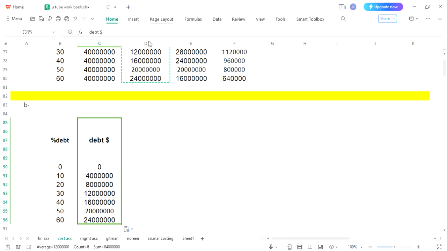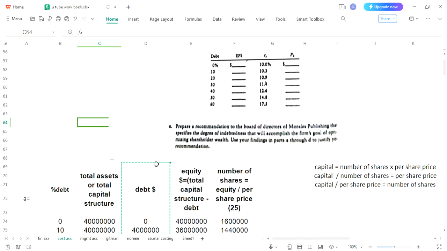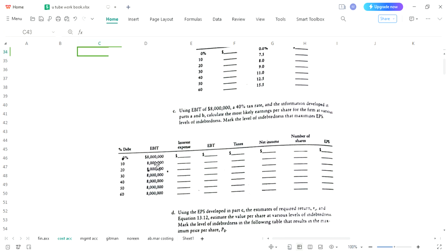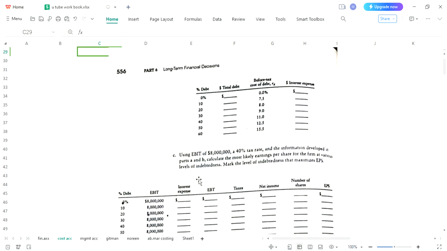Okay, we have got our values. So the second column is already filled. This was your B part, and total debt has automatically been calculated. These blanks are filled because in the previous part we calculated total debt and before tax cost of debt.